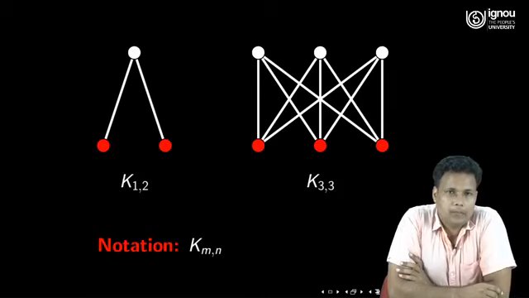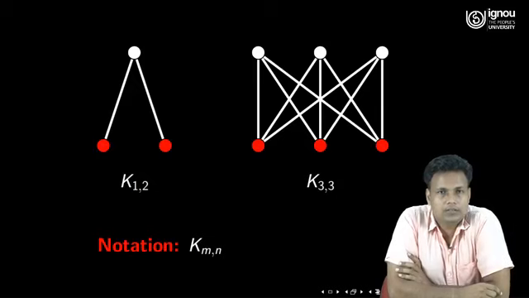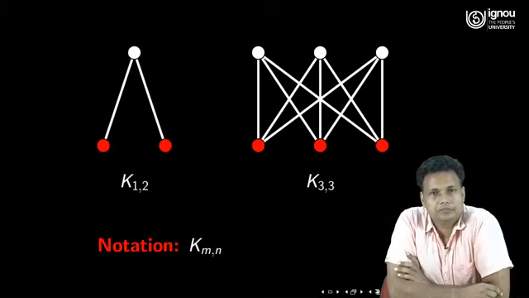For instance, just look at these graphs. The graph on the left is the complete bipartite graph, where one partite set has one vertex and the second partite set has two vertices, which are shown in two different colors.